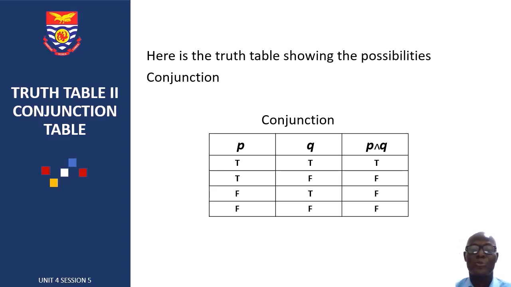If P is true and Q is false, since one of the statements is false, the conjunction is false. If P is false and Q is true, since one of the statements is false, the conjunction is false. If P is false and Q is also false, then the conjunction is false.